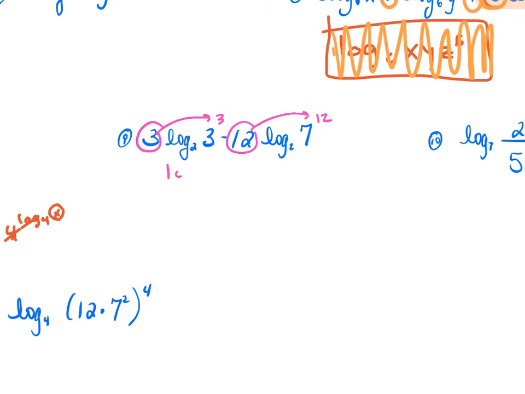So now we have log base 2 of 3 cubed minus log base 2 of 7 to the 12th power. What do we do next to condense? We have subtraction, so that means we divide. So what's going to go on top? 3 cubed, and then 7 to the 12th power on the bottom. So once we have one log, we're done.